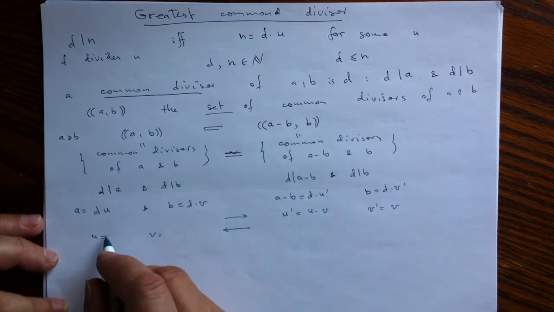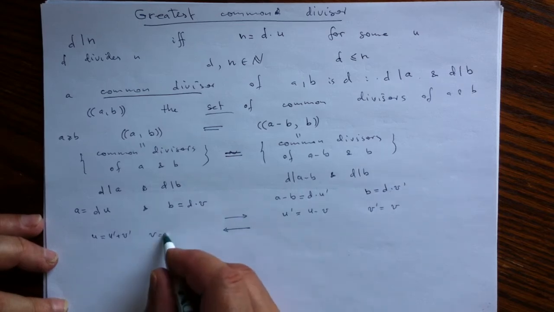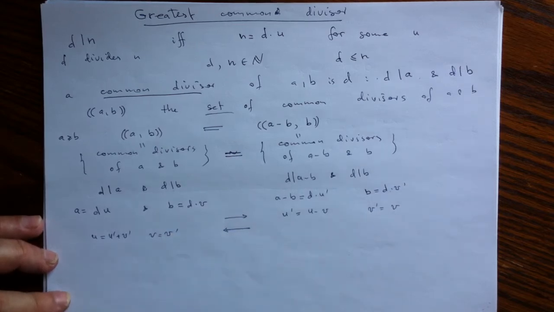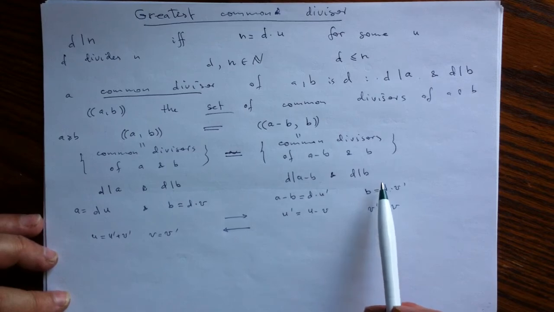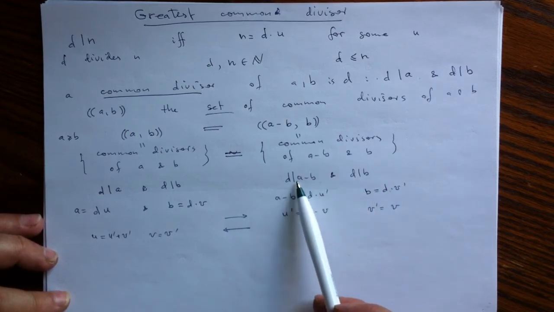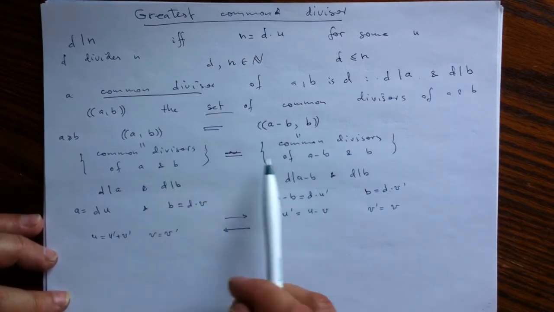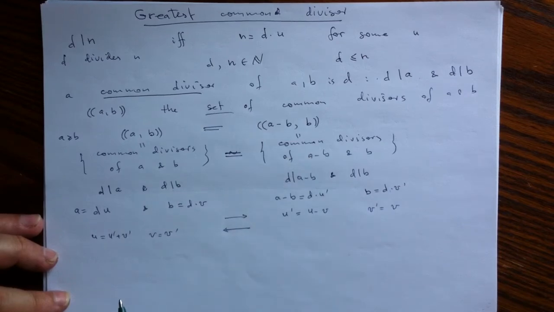Taking the sum is what will give me U. So U prime plus V prime will be the answer for U, and V will be just the old V prime. And again, it's a procedure which justifies that if D is a divisor of A minus B and B, it will have to be a divisor of A and B. So I proved that these two sets of common divisors are the same.